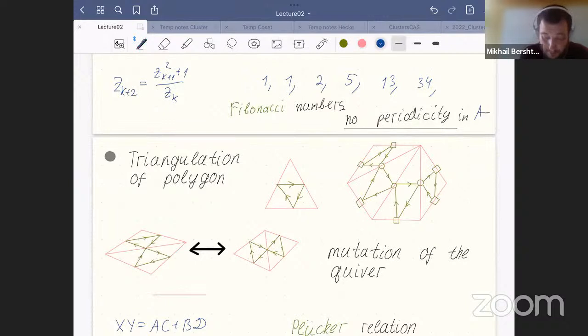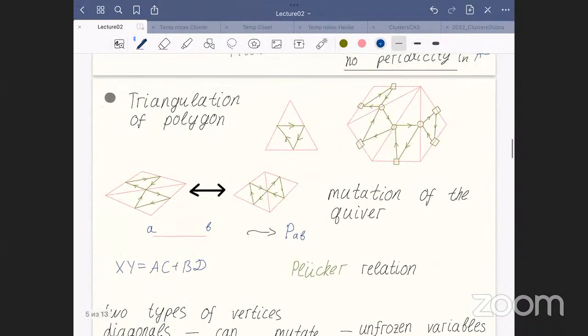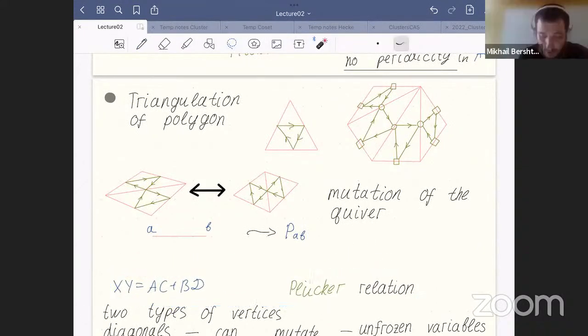I assign a vertex to each side or diagonal of the triangulation, and then in each triangle, I draw edges clockwise.